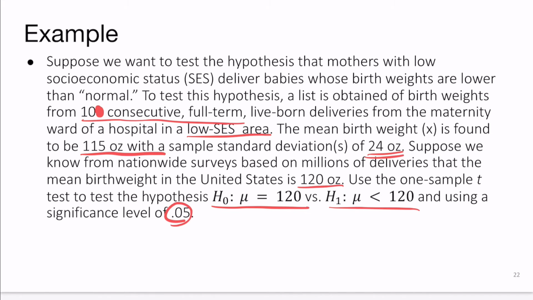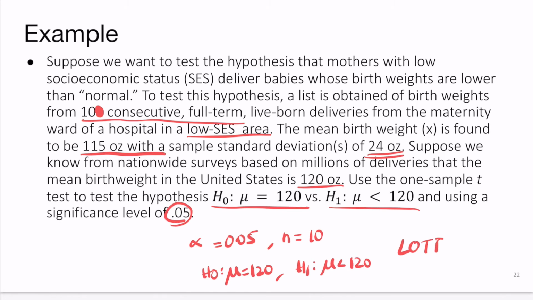And they have given us the significance level alpha, which is 0.05. So alpha is 0.05, n is 10, H naught is mu equal to 120, H1 is mu less than 120. So this is a left one-tailed test. Based on the values that we have here, we have x bar, which is 115 ounces, and s, which is 24 ounces. So from the data that we have, let's try and solve this problem.